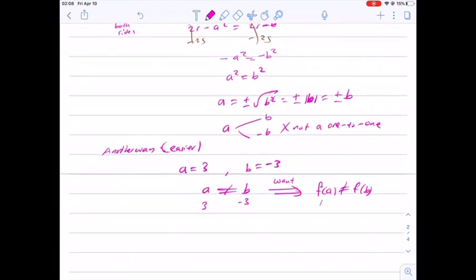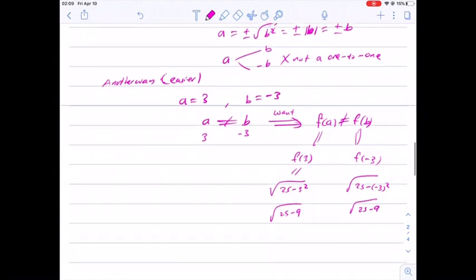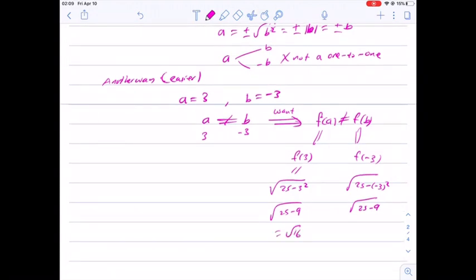So when we have 3 and negative 3, now substitute them here, f of 3 and here f of negative 3. We want to see if they are different. If they are different, then this is one-to-one. So we have square root of 25 minus 3 squared, square root of 25 minus negative 3 squared. This is 25 minus 9. This is 25 minus 9 as well.